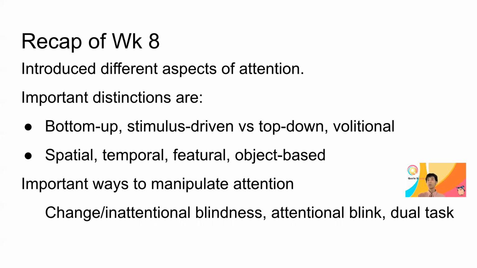That's the one I demonstrated in the video. And then the dual task, where you simultaneously try to do two tasks at the same time. This is the focus of the topic today.